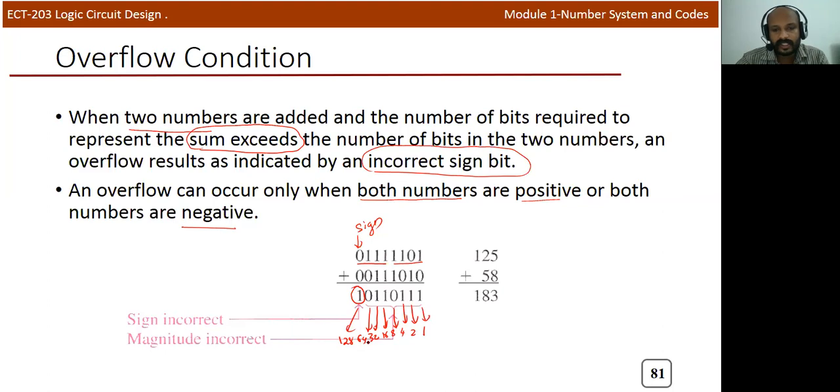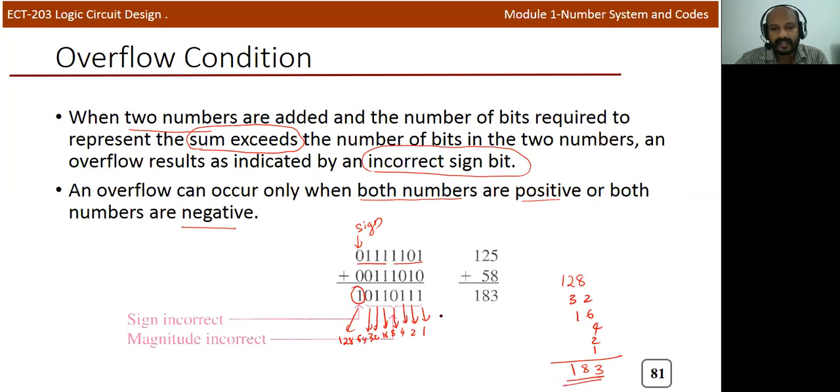And if you add all these values, it becomes 128 plus 32, then 16, then 4 plus 2 plus 1. If you add all these values, you will get 183.